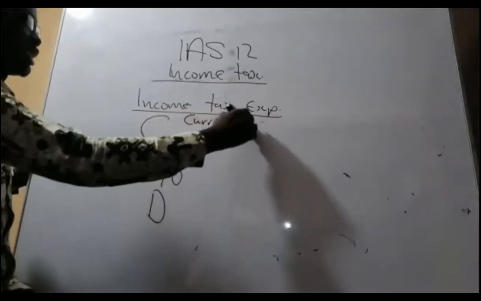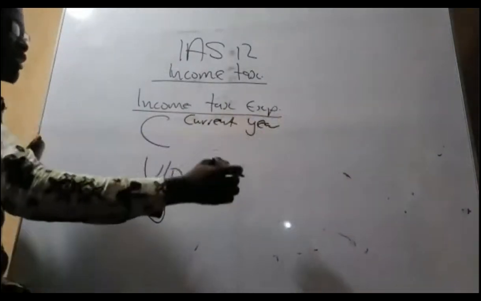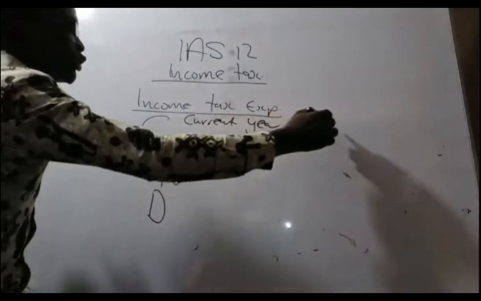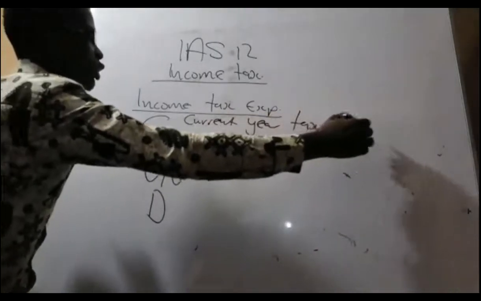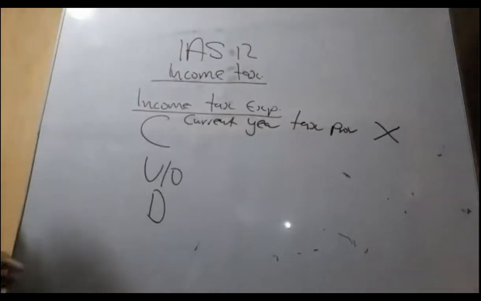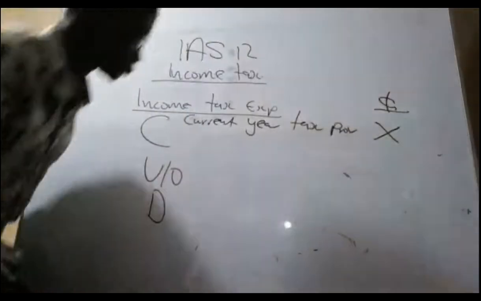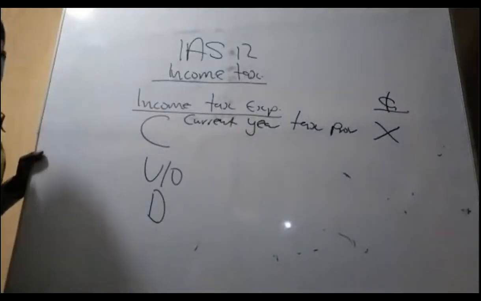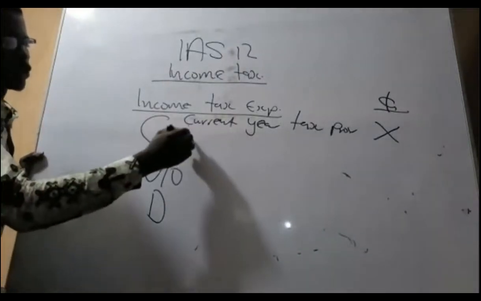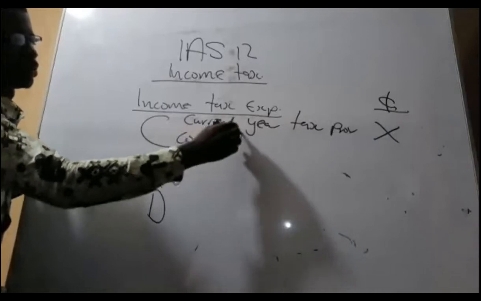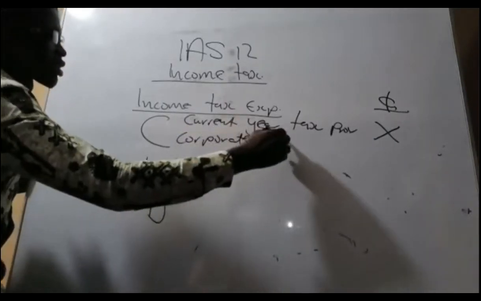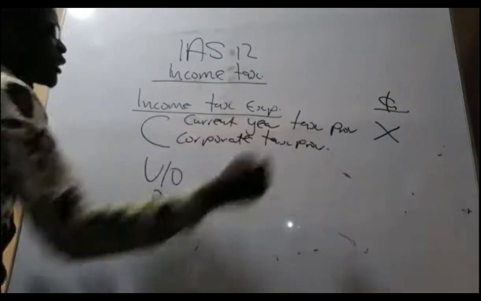So current year tax provision. The C, we can also call it corporate tax provision for the year.